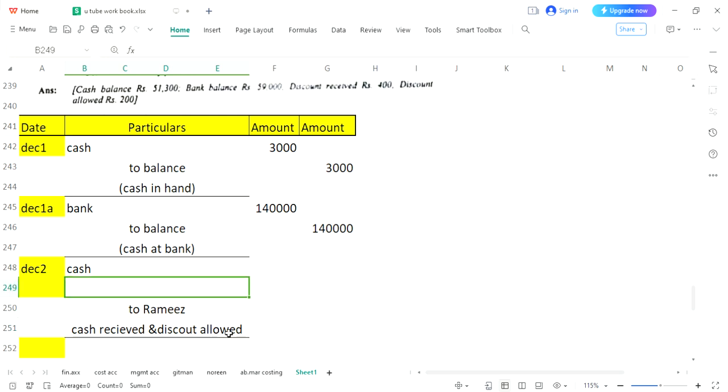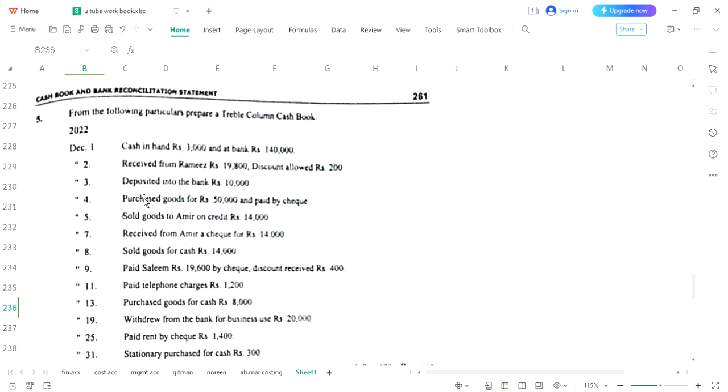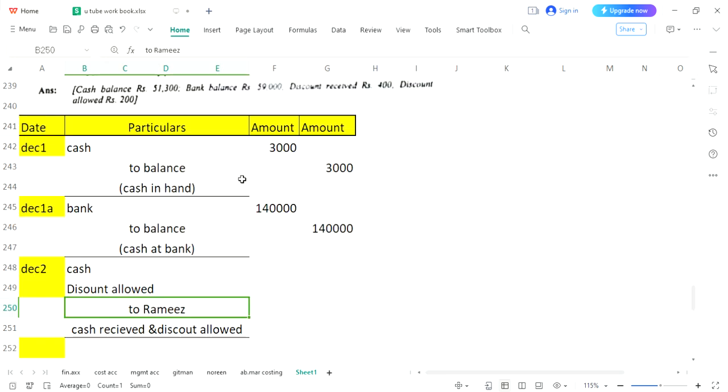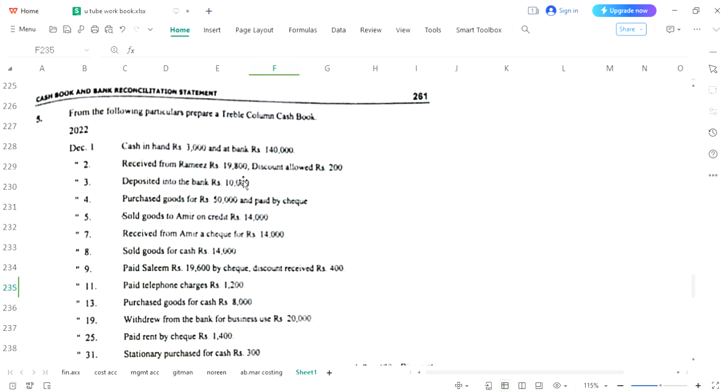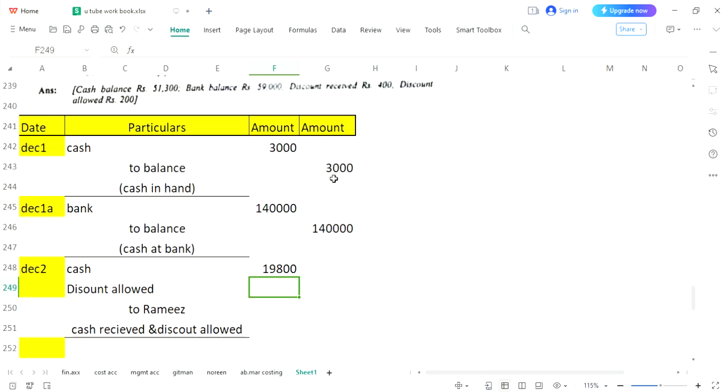Expenses should be debited, so discount allowed would be written on the debit side. Now see how much amount you have received, 19800. So you will write 19800 over here. And how much is the discount? It is mentioned clearly, 200. You have written it over here.